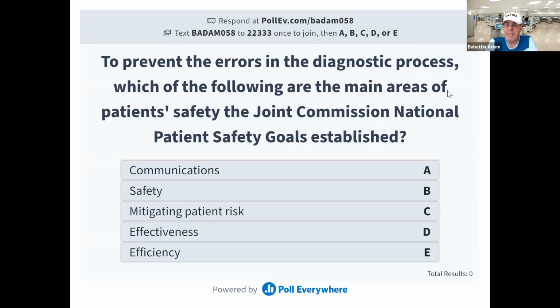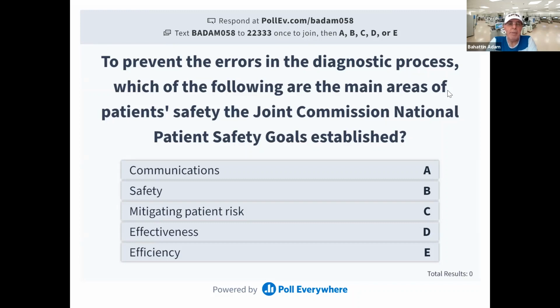If you pay attention, I said there are two main areas of the Joint Commission National Patient Safety Goals that we apply in the clinical laboratory, and you have to choose two of them, okay?